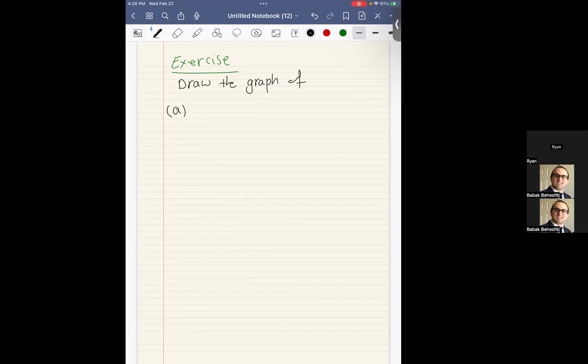So the functions are: a, f of x equal to 2 minus 1 over x; then b, f of x is 1 minus 2x over 3x plus 1; and c, f of x equal to x plus 1 over x minus 1.